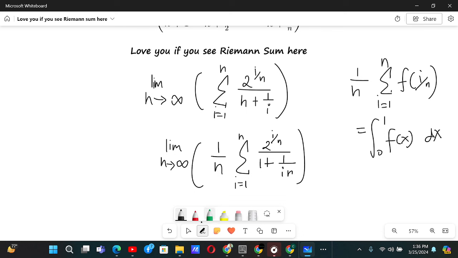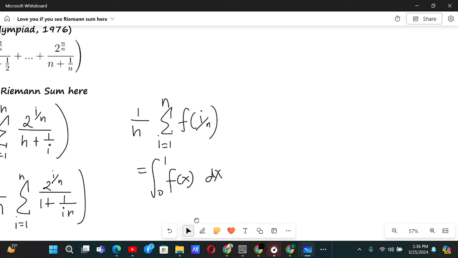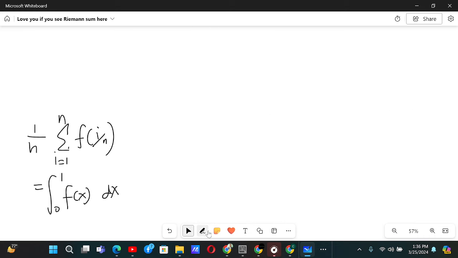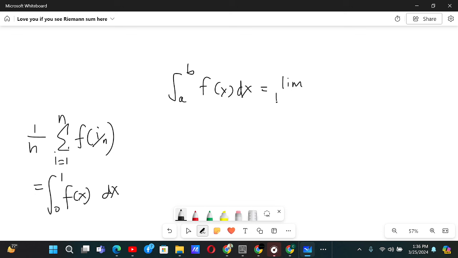Okay, so for that, you need to expand your definition of Riemann sum. Most of the time, how we define Riemann sum is just two expressions. Basically, the integral from a to b of f of x dx as the limit as n goes to infinity of the sum for i from 1 to n of f of a plus (b minus a) by n times i, times (b minus a) by n.